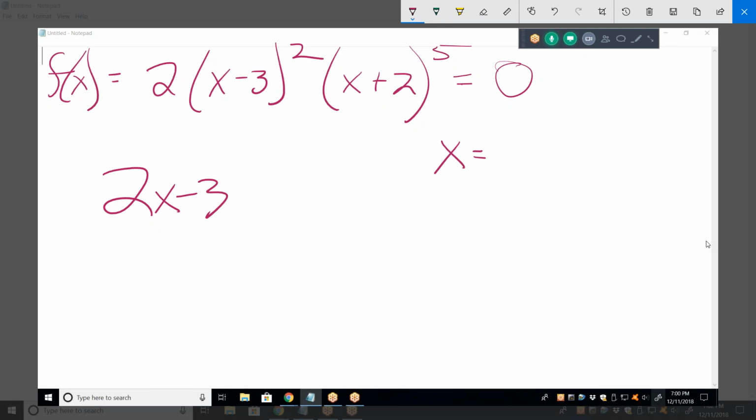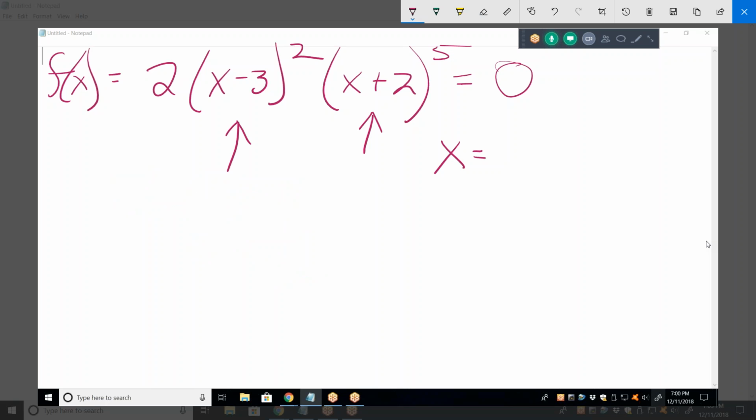Well, now if I set that equal to 0, then x actually ends up being 3/2. So I can't say that the answer is always just the opposite sign. The answer lies in setting that equal to 0. That's how you solve it: you set this equal to 0 and you set this equal to 0.